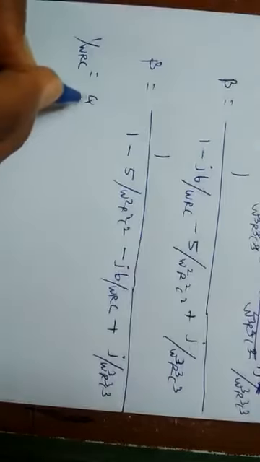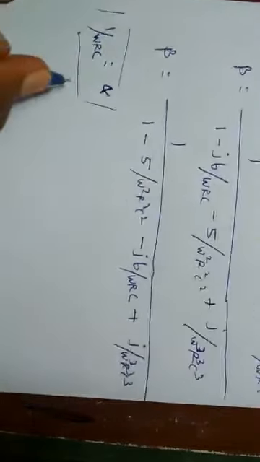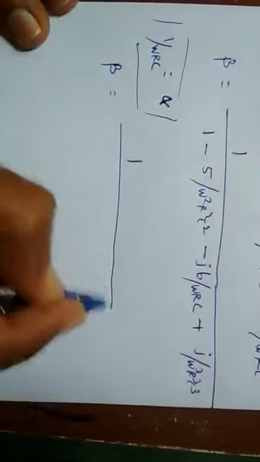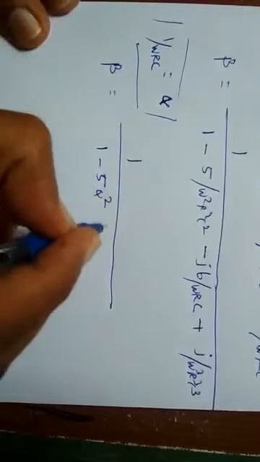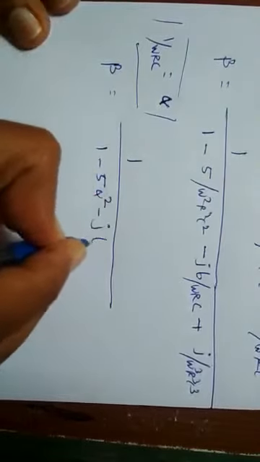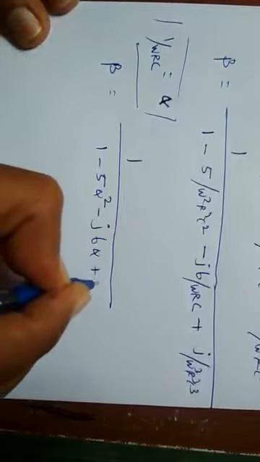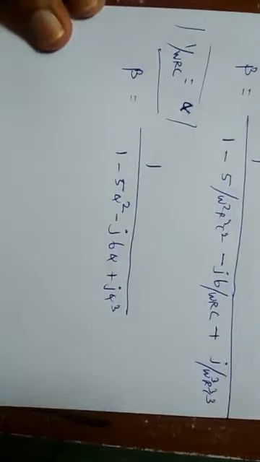So here 1 by omega RC can be replaced by a value alpha for simplicity. So beta becomes 1 by 1 minus 5 alpha squared minus j into 6 alpha plus j into alpha cube, where alpha equals 1 by omega RC.